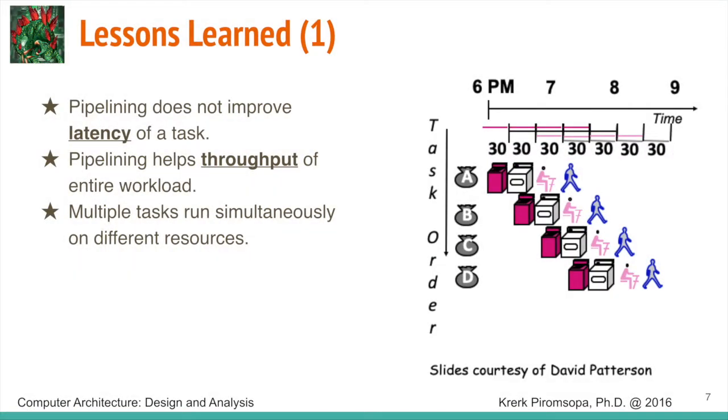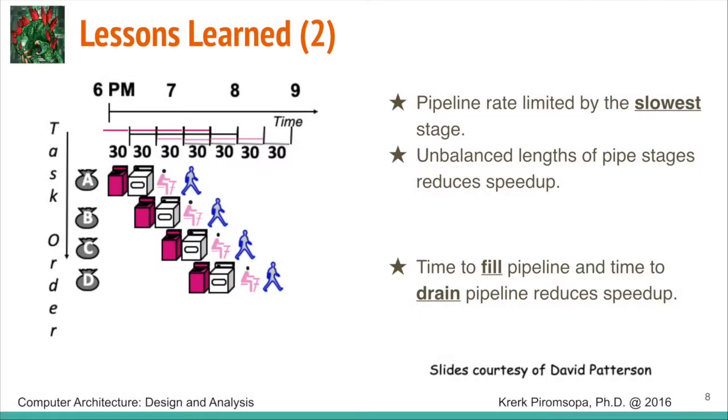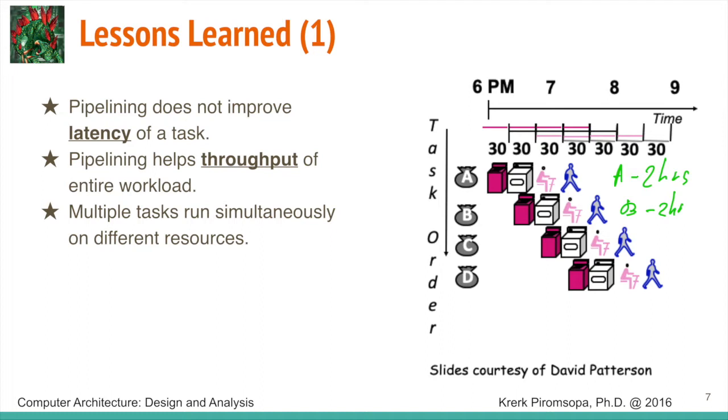So what have we learned from pipelining? Well, one thing that you may have noticed is that pipelining doesn't make any particular task finish faster. Like in this case, Anne still takes 2 hours. Blaine still takes 2 hours. So each person still takes 2 hours.